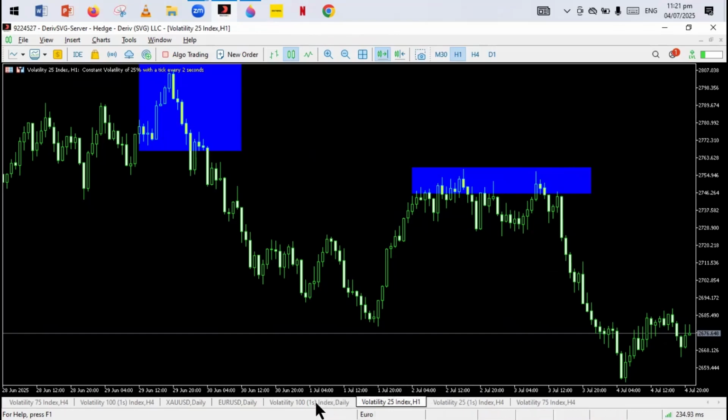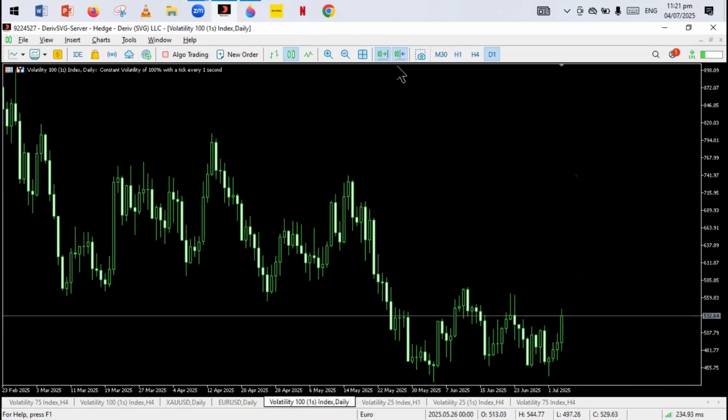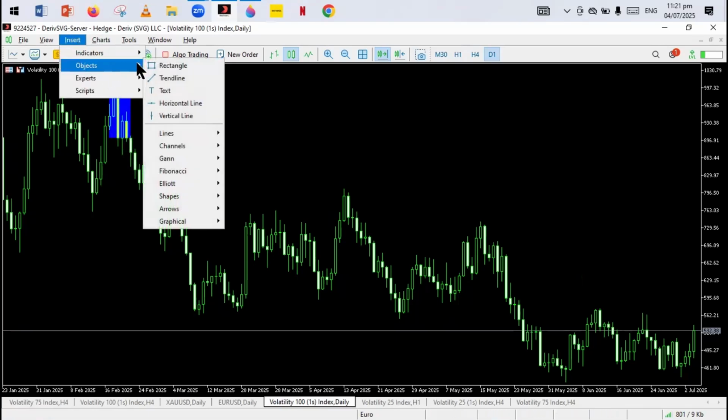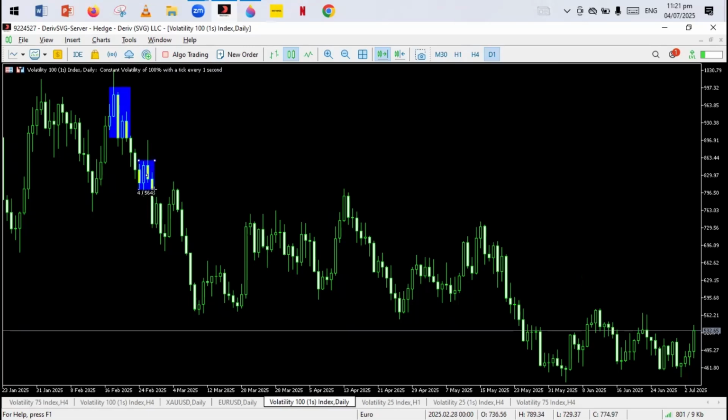And then let's go to Volatility 100 (1s). We have lower low, lower high. That one is a bearish engulfing, lower low, lower high. We have a bearish engulfing, lower low, lower high.